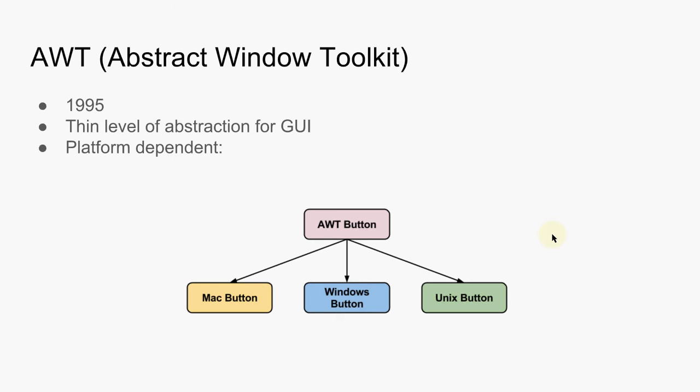So the look and feel of your graphical user interfaces is completely dependent on the operating system that's running it. That doesn't sound like that big of a deal, but companies get pretty picky about the look and feel of their product, and they like to brand their product. A lot of the time a company will want their product to look and feel exactly the same, regardless of whether it's being run on a Windows machine or a Mac machine.